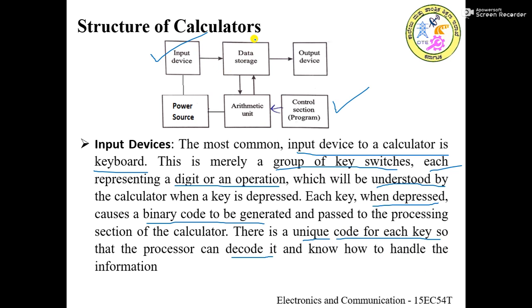The next section is the data storage. As we know, data storage is basically a storage, or it is nothing but a memory. Here all the data that are entered by the user or the programmer are stored, even if there are any intermediate results, or if the results are to be displayed, we need to store them in some memory.